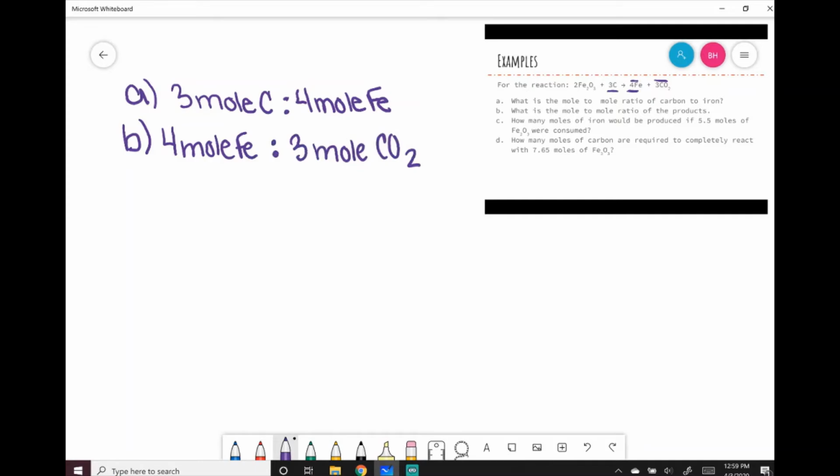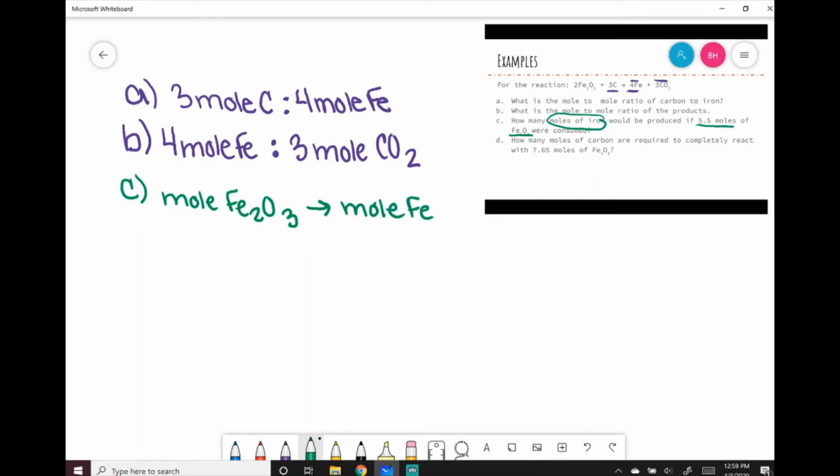Let's look at a problem that gets a little bit more tricky, where we're going to have to plug in some math ideas. How many moles of iron will be produced if 5.5 moles of iron(III) oxide were consumed? We know we have 5.5 moles of Fe2O3, and we want to know the amount of moles of iron. So you're going to be converting moles of Fe2O3 to moles of iron.